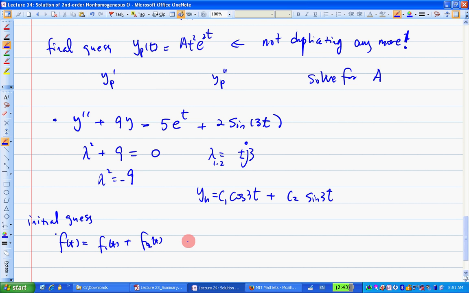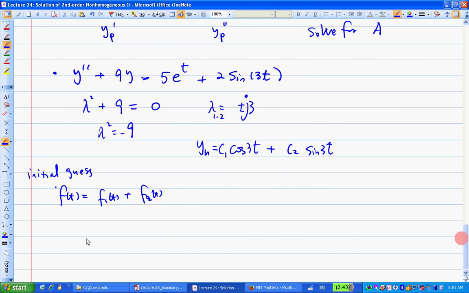So my yp is going to have two parts, yp1 and yp2. My initial guess yp1 is according to f1 of t, and my initial guess yp2 is according to f2 of t. So let's take a look at the initial guess for yp1.